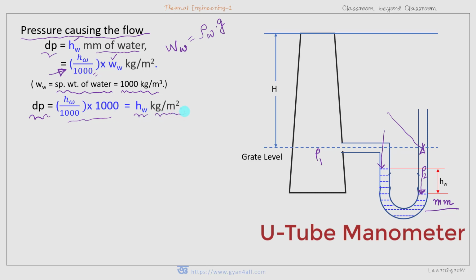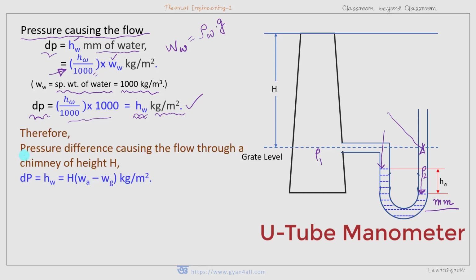We can express the difference in pressure in terms of millimeter of water or centimeter of water also. If it is hw millimeter of water, the differential pressure will be hw kg per meter square. So the pressure difference causing the flow through the chimney of height h is dP, which is equal to hw millimeter of water as far as the manometer reading is concerned, and this can also be written as h multiplied by the difference in specific weights of air and gas.